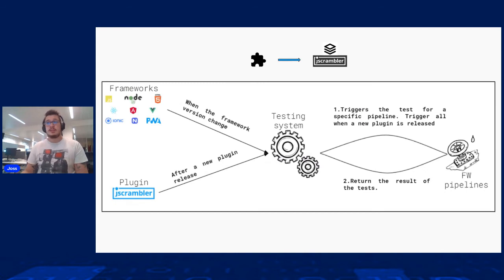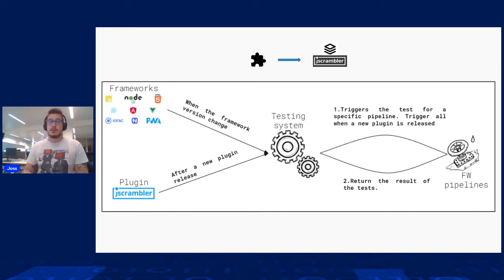We have a testing system that works on two different stimuli. First, when there's a version of a framework that gets released. Imagine we get a notification that Angular is releasing a new version. First, we have a testing system that triggers a test for a specific framework project that we have.